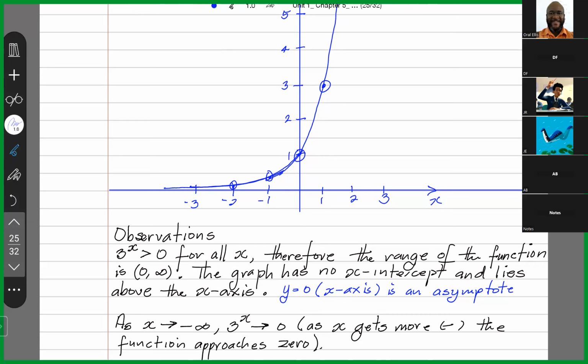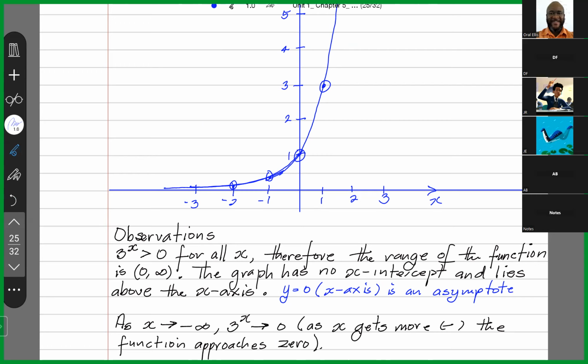Now, the x-axis is the line y is equal to 0. So y is equal to 0 is something that we call an asymptote. We'll come across the term again later, but essentially an asymptote is a line that a graph approaches, but never touches.